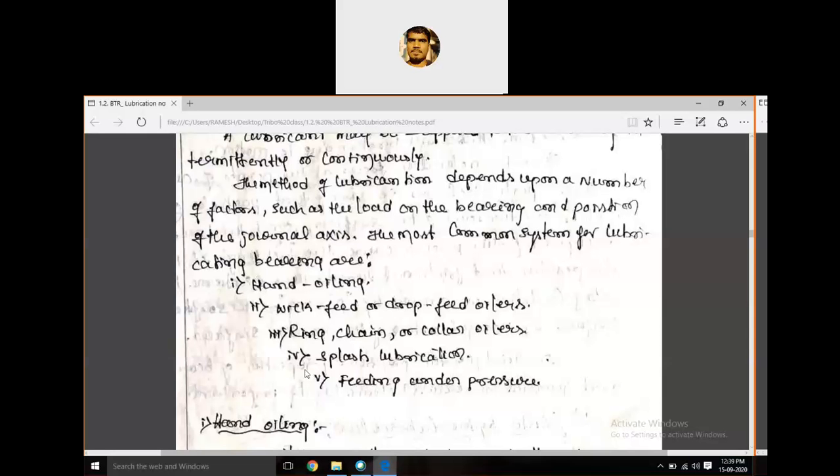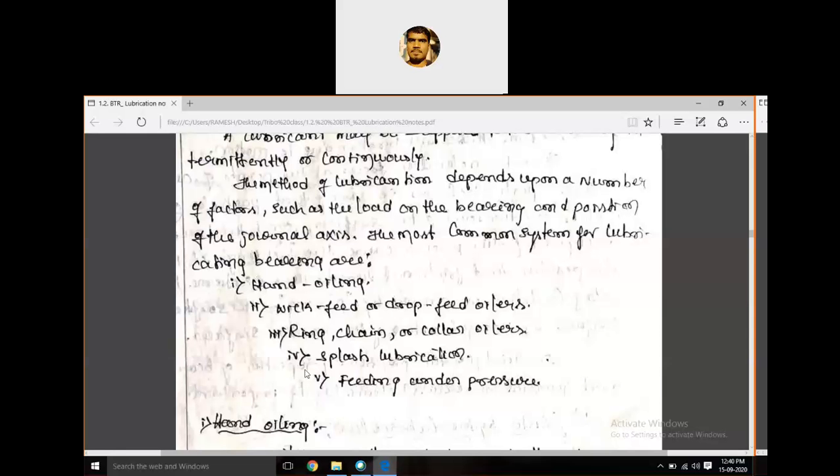It draws oil from the oil reservoir in which it is immersed and carries a flood of oil to the top of the journal, where it is able to flow into the bearing oil grooves and bearing clearance space to be distributed to the entire bearing surface. Means it will distribute the oil over the entire surface of the journal. Due to this, reliability improves and it also reduces the friction between the two mating surfaces.